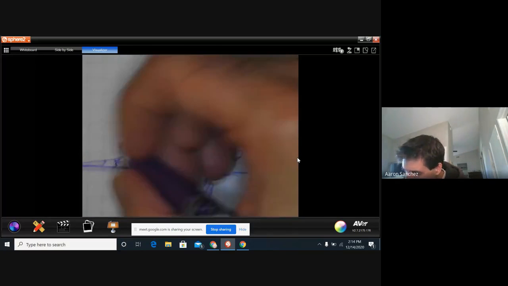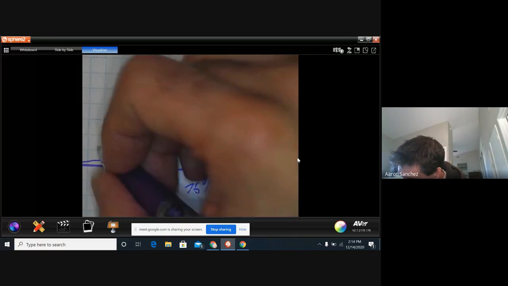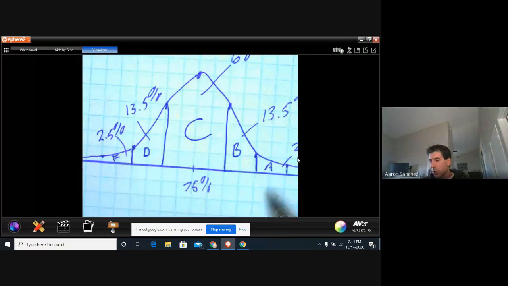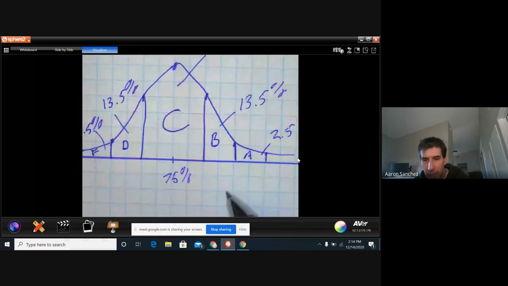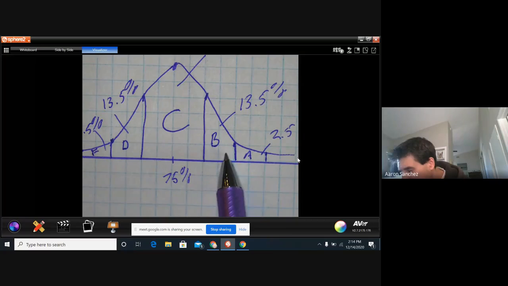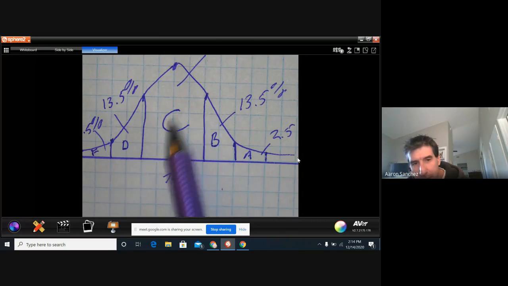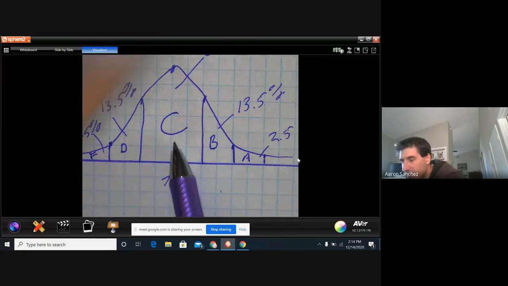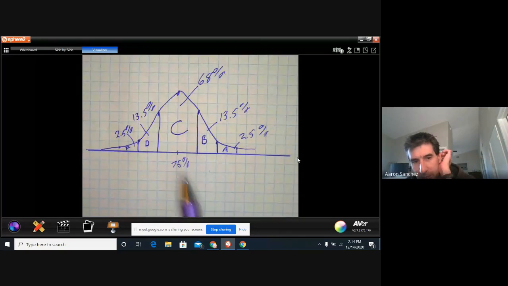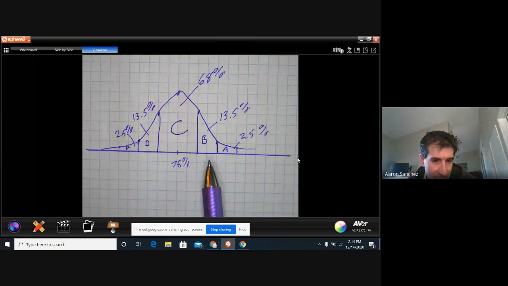My F's are going to be 2.5% of my grades. So what this is saying is 2.5% of my class got A's, 13.5% got B's, 68% got C's, 13.5% got D's, and 2.5% got F's.